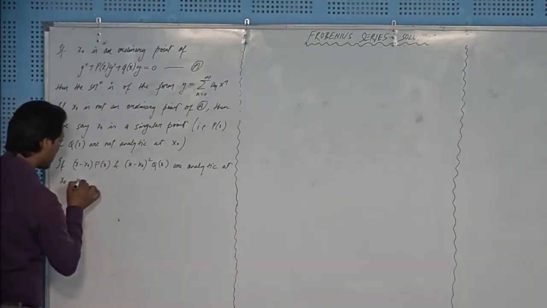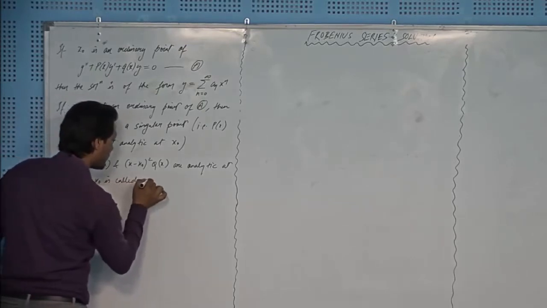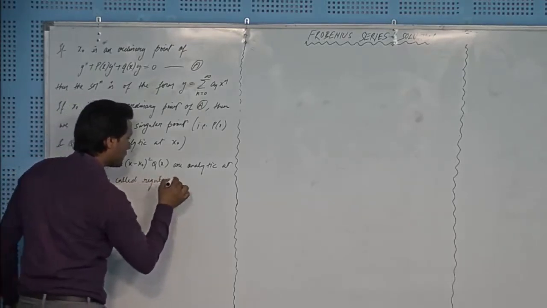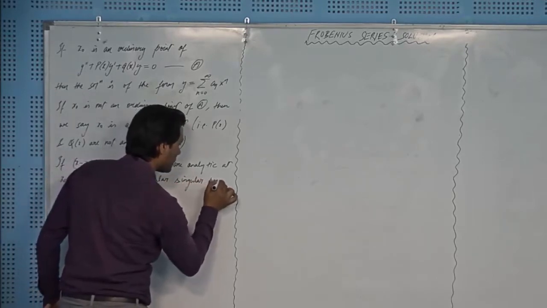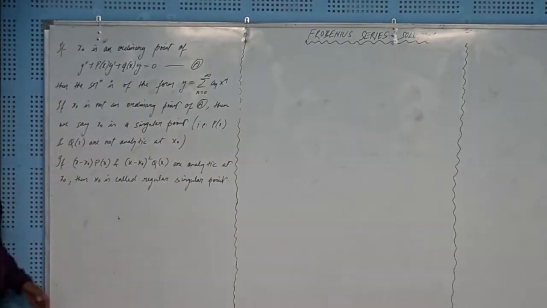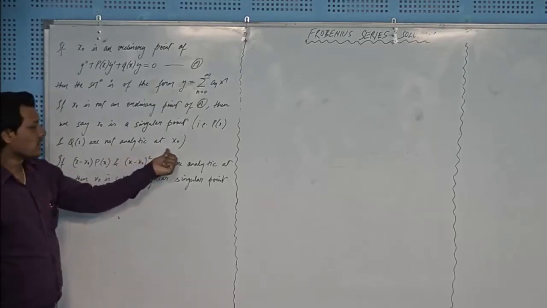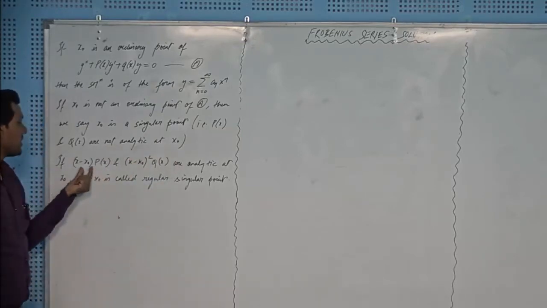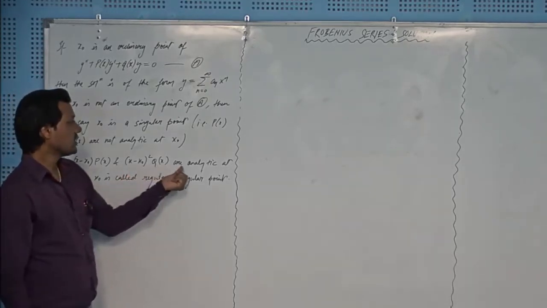Then x naught is called a regular singular point, right? So px and qx originally are not analytic at x naught, but when we multiply this px by x minus x naught, it becomes analytic, right? And when you multiply qx with this x minus x naught whole square, it becomes analytic.